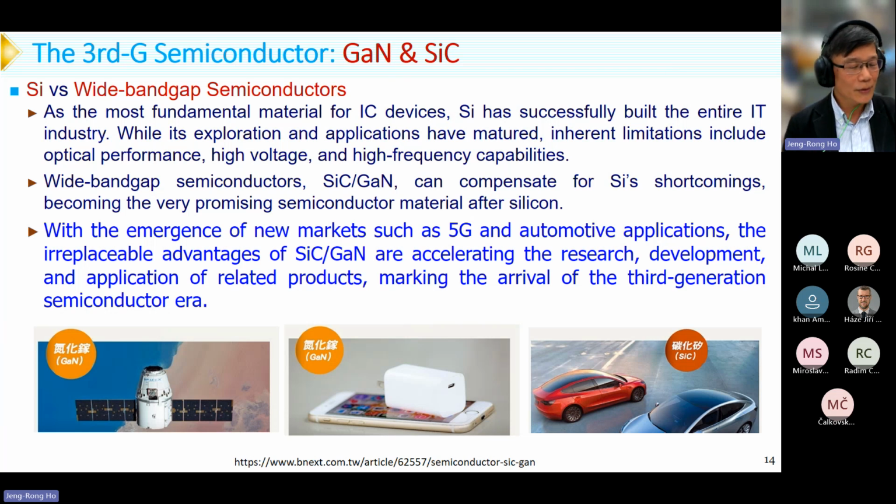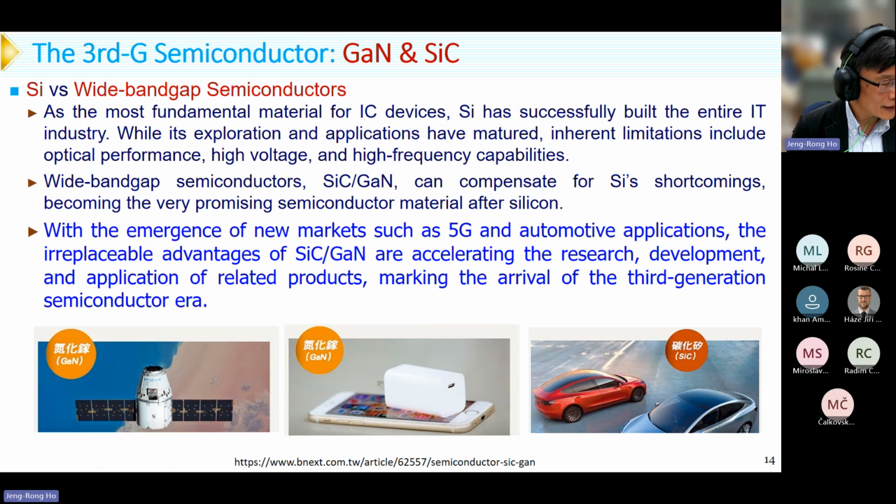And with the emergence of new technology such as 5G and EV, electric vehicle applications, the irreplaceable advantages of silicon carbide and gallium nitride are accelerating the research, development, and application of related products, making the arrival of the third generation semiconductor era.